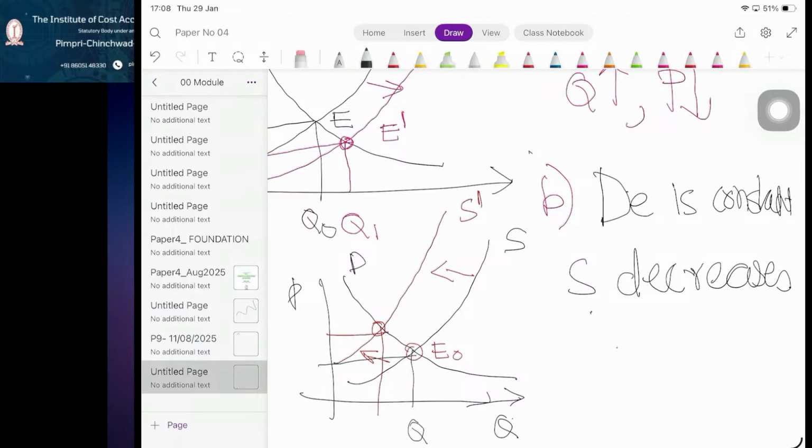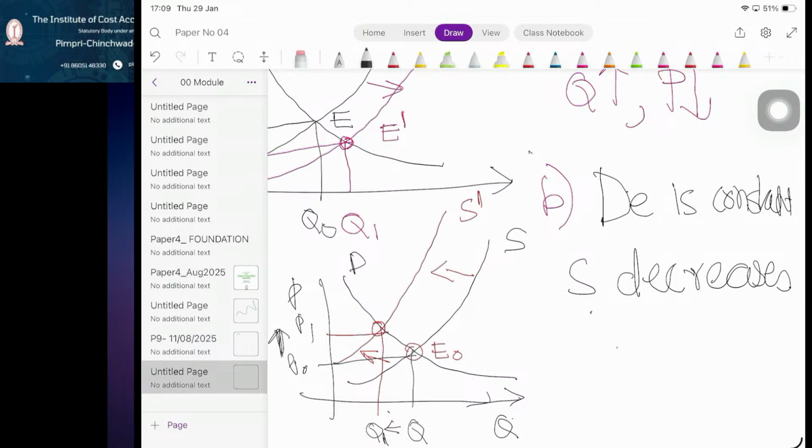Yes. Can you all see this? Quantity has decreased and the equilibrium price has increased. The equilibrium price has increased and the quantity has decreased.